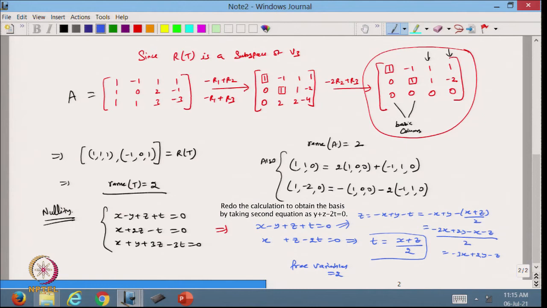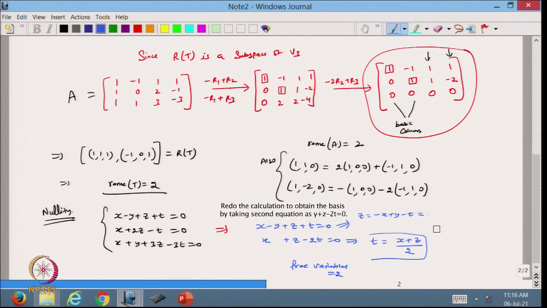Now z, instead of z I also need to put this value. So, maybe I have put t is equal to x minus z by 2. So, maybe I will, because I need to convert this into this form.